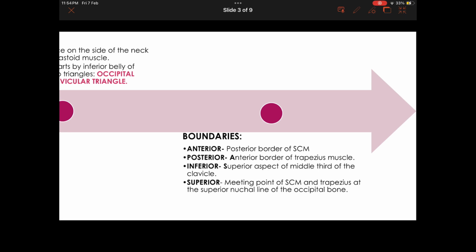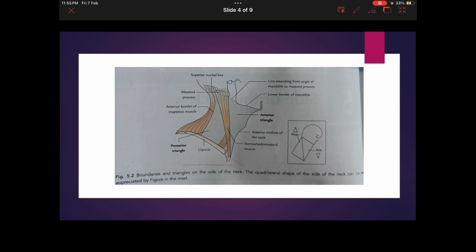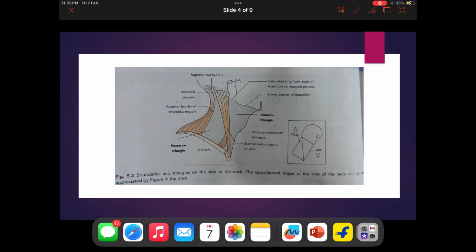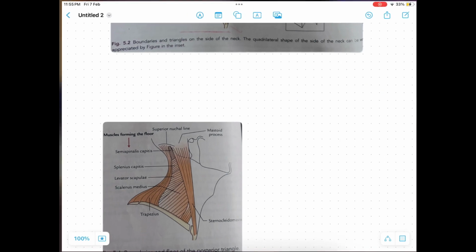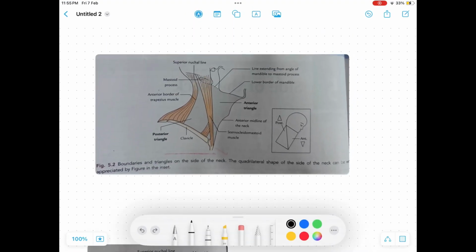I'll be showing you the picture. This is a picture. I'll explain you with the diagram. As you can see, this is trapezius muscle, and this is SCM.